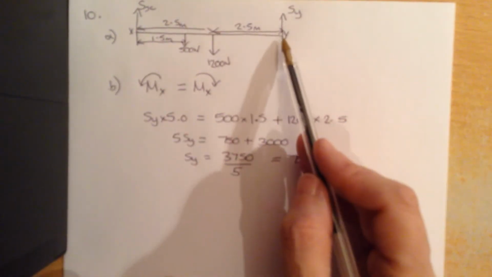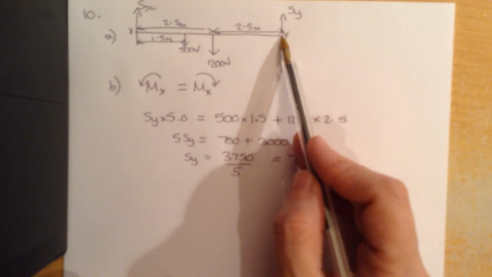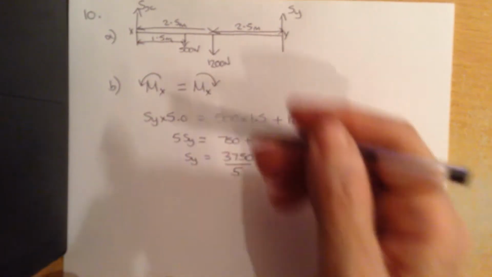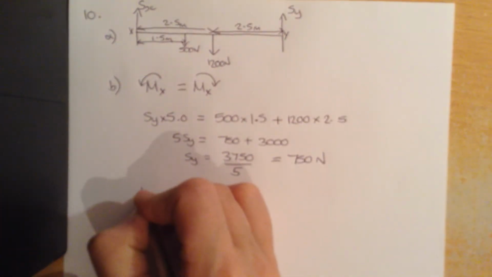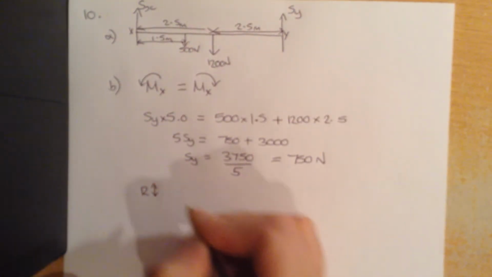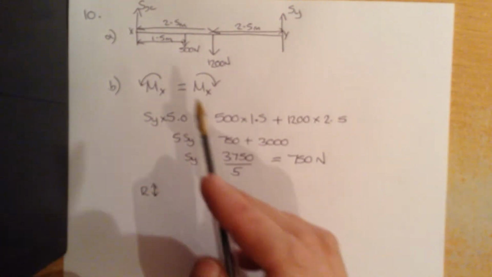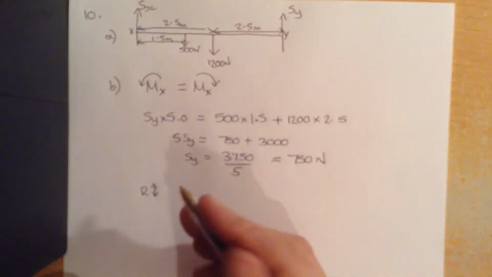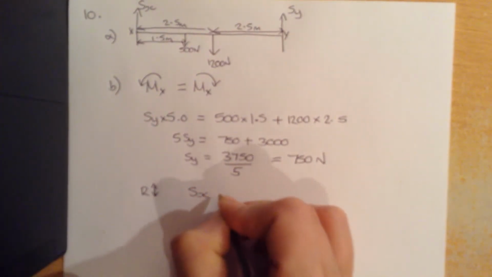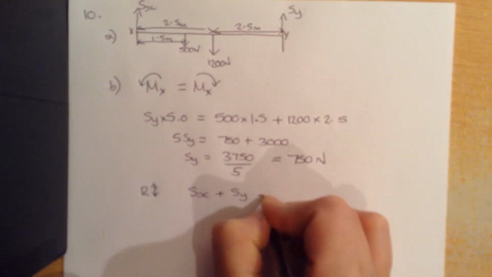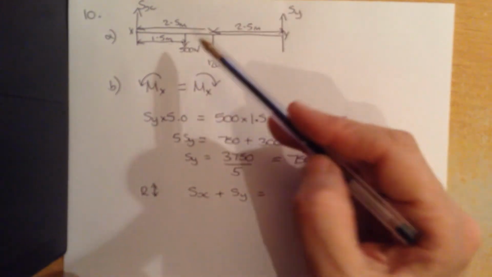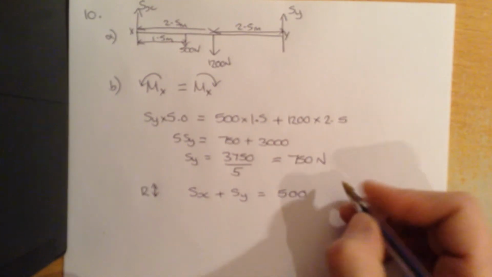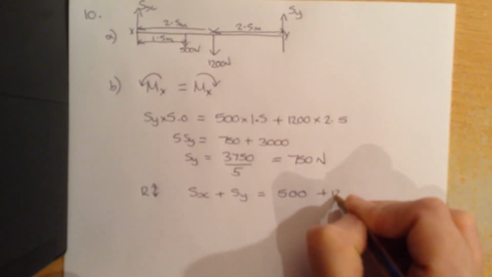Now we could take moments about this point Y to find out the other, if that's what we wanted to do, or we could simply resolve all the forces vertically. So the upwards forces would be SX and SY. So upward forces are in equilibrium with the downward forces, the weight of the person plus the weight of the beam.